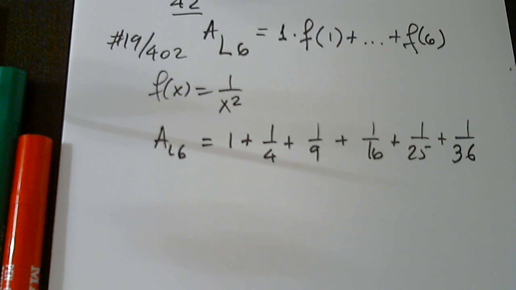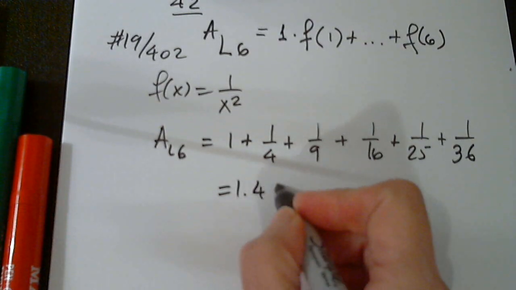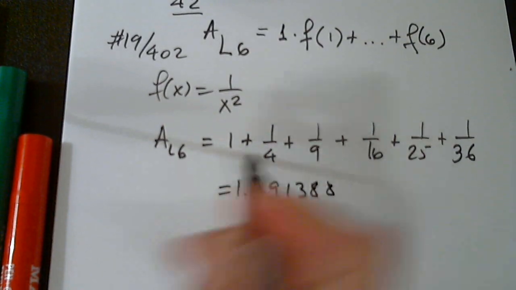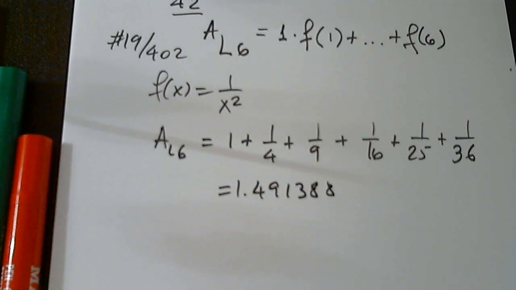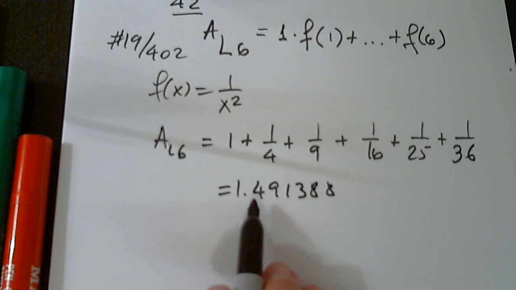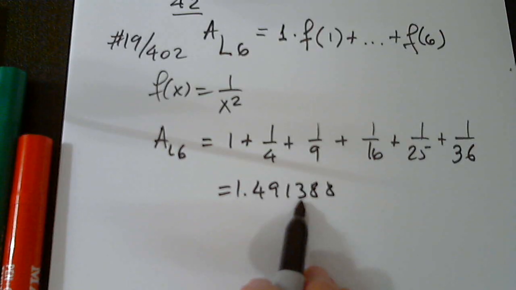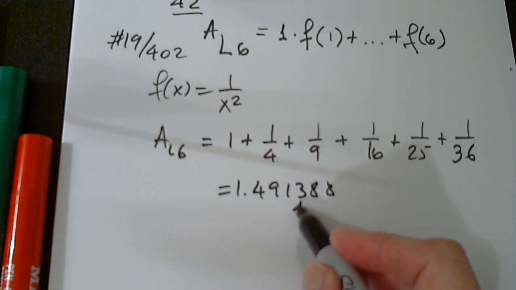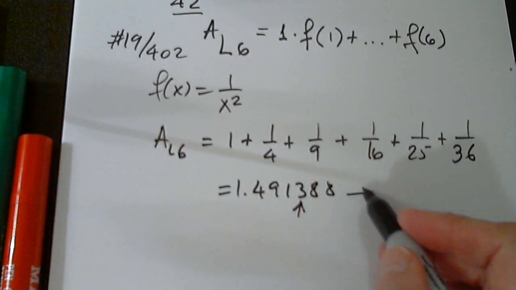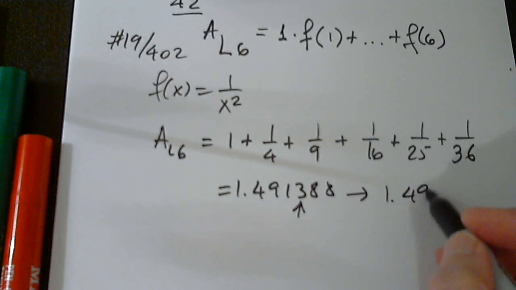Okay, so this is 1.491388. How many decimal digits do they want? 4 decimal digits. Okay, very good. So 1, 2, 3, 4. Because this is 8, I have to increase 3 to 4. So this will be 1.4914.